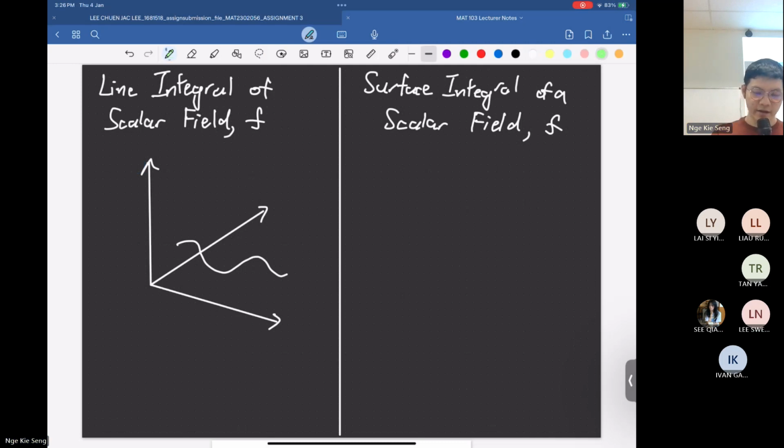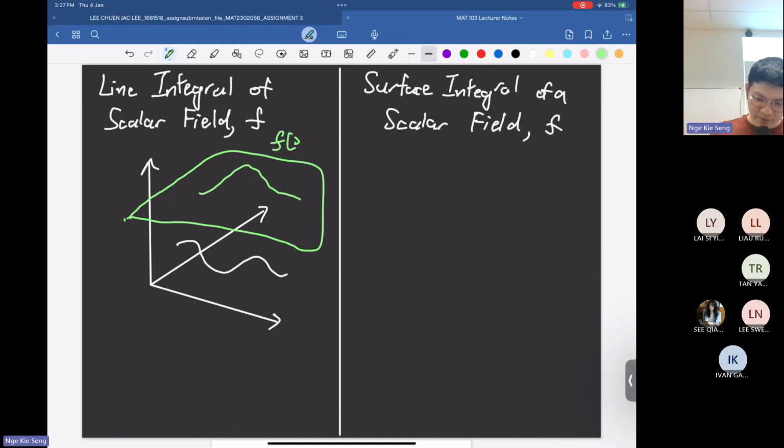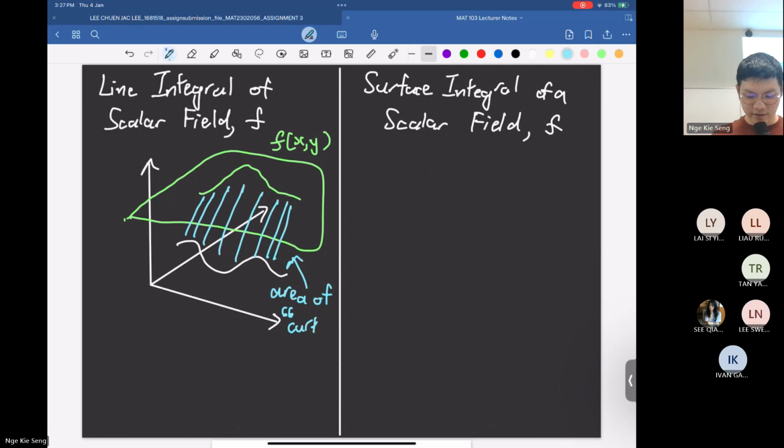For example, if I do this surface, maybe it has a mountain here. So what's the line integral here? I compute the area above the line. Last time we called it a curtain.